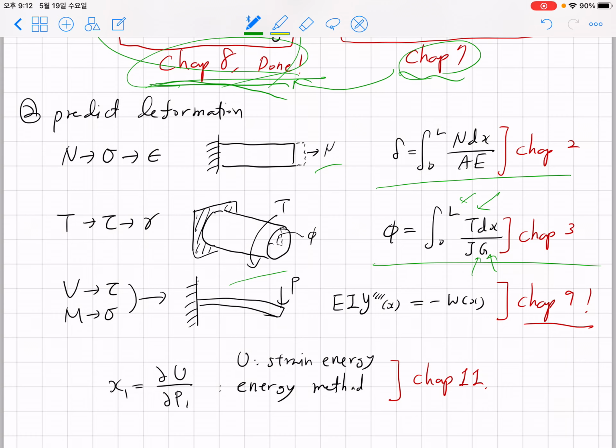Okay, now however, if you recall what we have done, even though we learned about shear force and moment, which give rise to shear stress and normal stress, we haven't learned about the prediction of beam deflection. So we haven't discussed beam deflection, and that will be the topic of this lecture and this chapter, which is chapter 9.